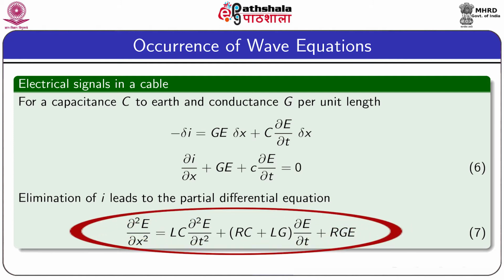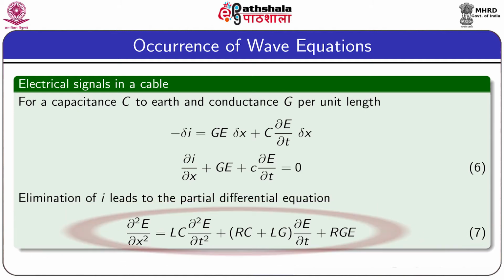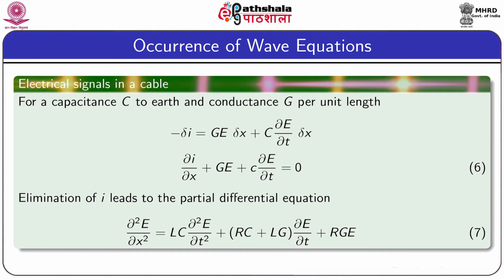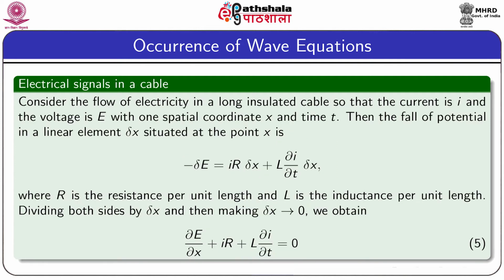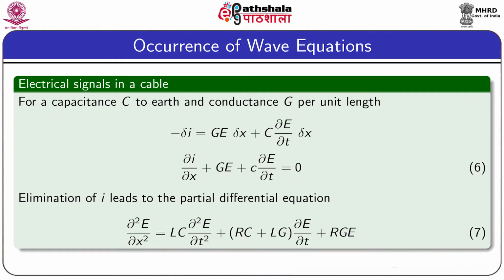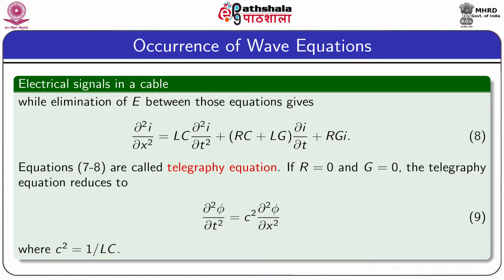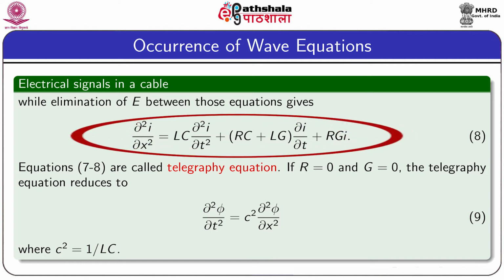Del 2E/del x square equals L C del 2E/del t square plus (R C plus L G) into del E/del t plus R G E. Similarly, if we eliminate E from equation 5 and equation 6, we obtain a second order partial differential equation in I, which is written in equation number 8.